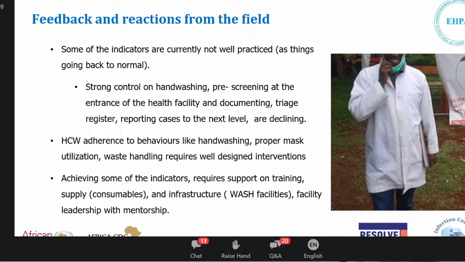Internet is one of the problems in engaging all the facilities in the weekly discussion, and the quality of the facility leadership needs to be improved with frequent mentorship from the mentors and the country.